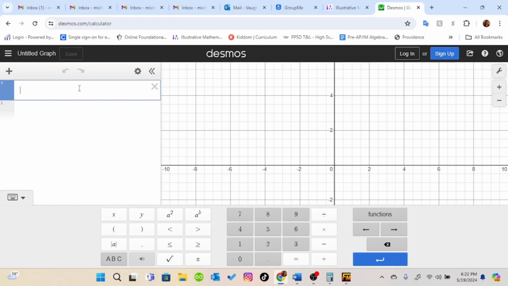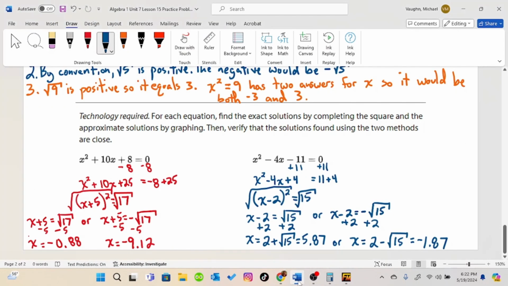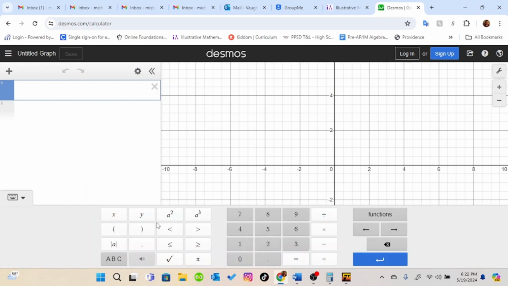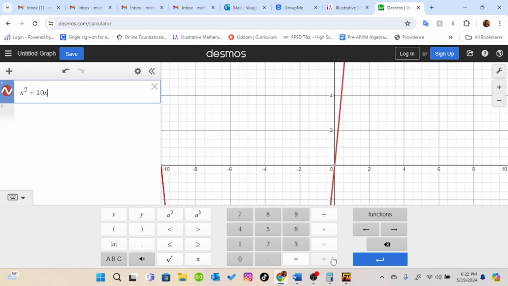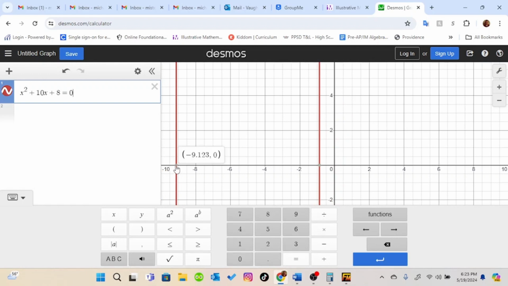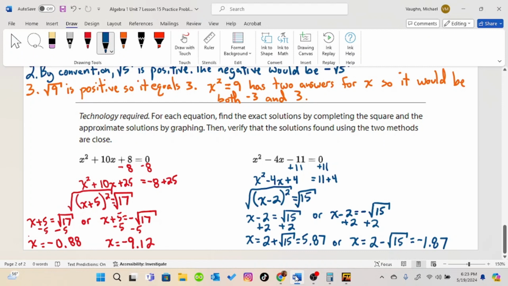So on Desmos, we have x squared plus 10x plus 8 equals 0. And we see that we have one answer at negative 9.12, which matches this answer here.